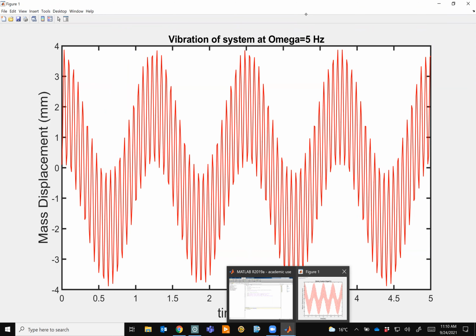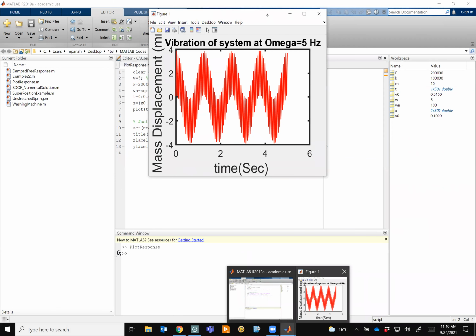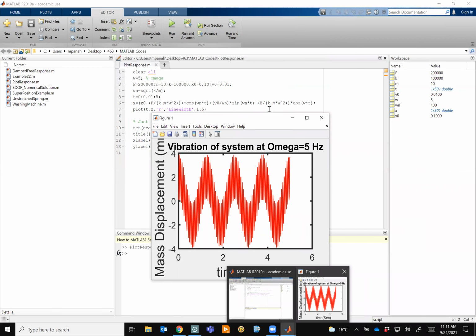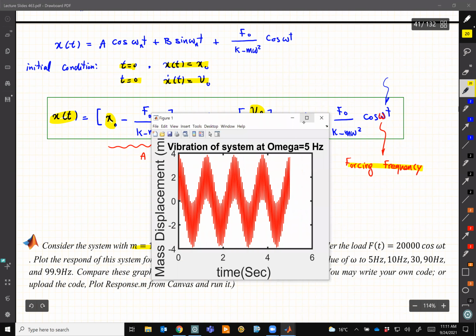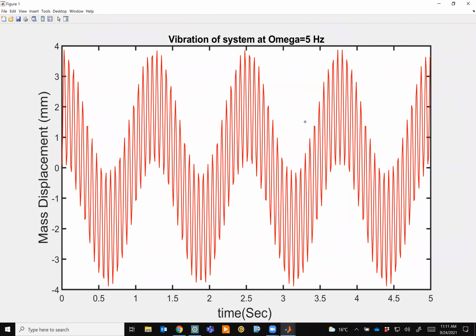I put some values for k and m here, which you can see in this document. We selected k to be 100,000, m is 10 kilograms. So immediately I realize my natural frequency, square root of k over m, gives me 100 hertz, right? And then I have x0, v0, I put all of them here. It's just a simple function.